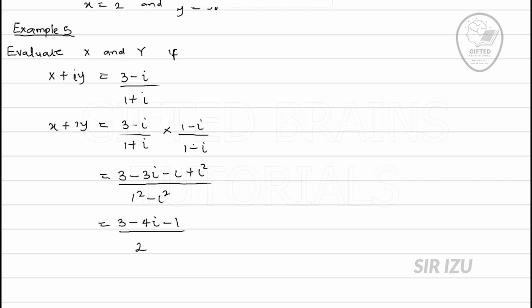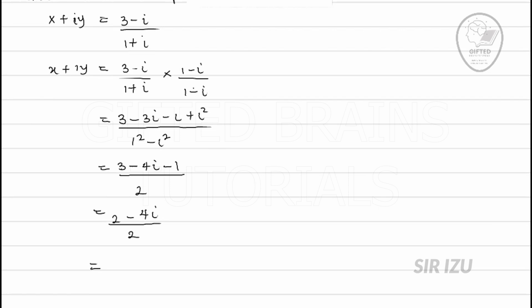We just have 2 because 1 squared is 1 and minus i squared is also 1, plus 1. So we add that together. So this will just give me 3 minus 1, which is 2, minus 4i all over 2. If you take your simple steps, you still get what we have here. When we get here now, what we do is simplify further. So we would have 2 over 2, which is 1, minus 4 over 2, which gives me 2i.